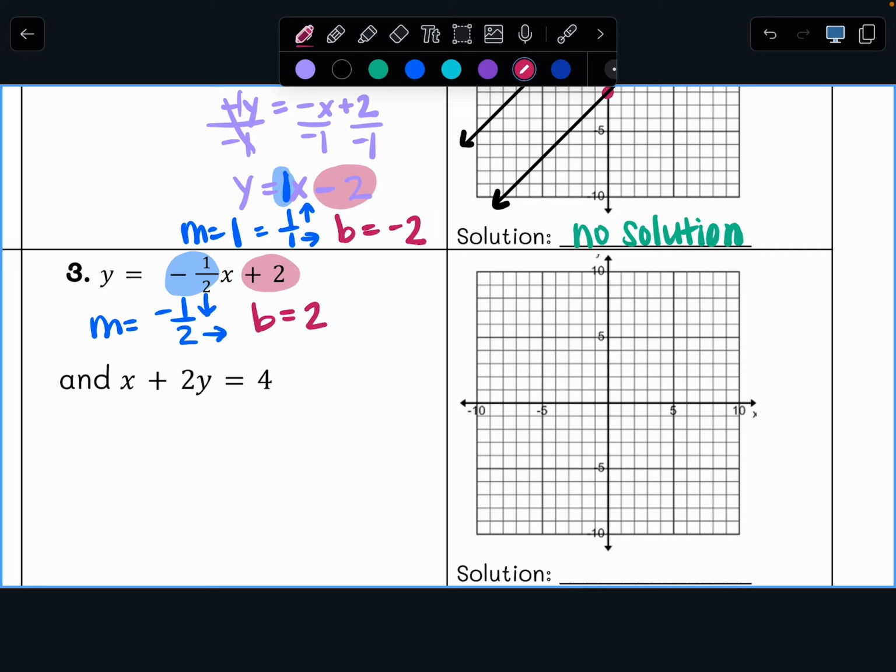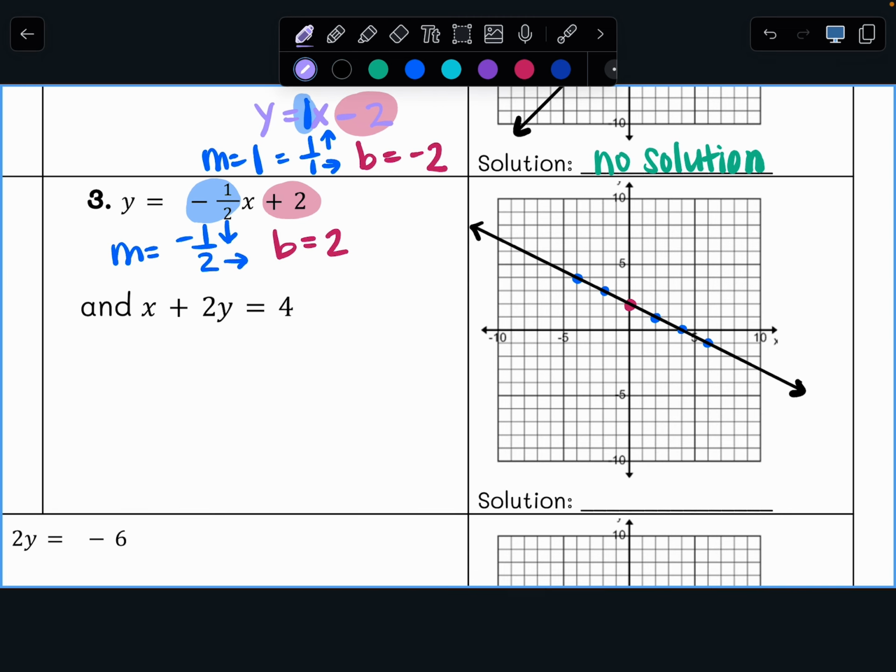So let's plot B at 2 on the y-axis, and the slope is down 1, right 2.